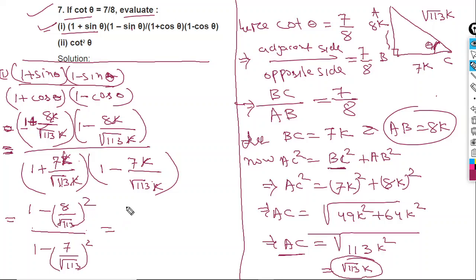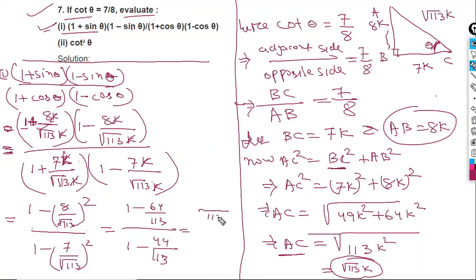Now square it out: 1 minus 8 square is 64 by 113, divided by 1 minus 49 divided by 113, which will be equal to, now subtract them.